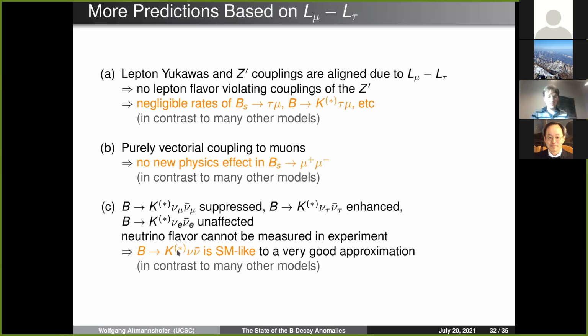So B to K nu nu and B to K star nu nu are predicted to be standard model-like to a very good approximation. And again, this is in contrast to many other models that are trying to address the anomaly. So this model makes a set of very precise predictions which can be tested experimentally.